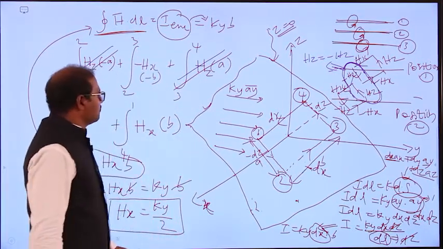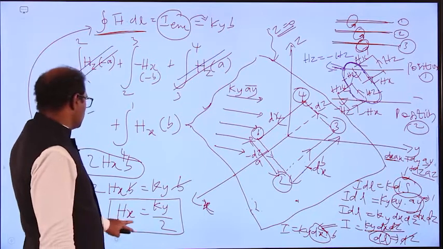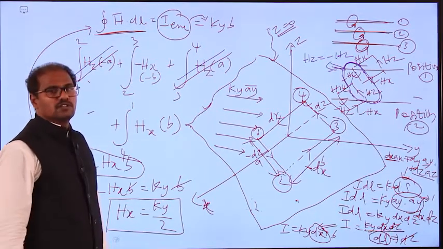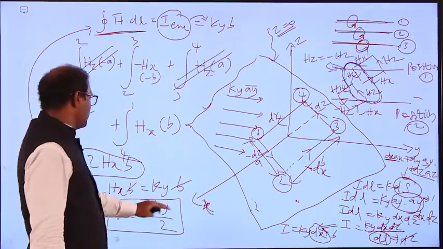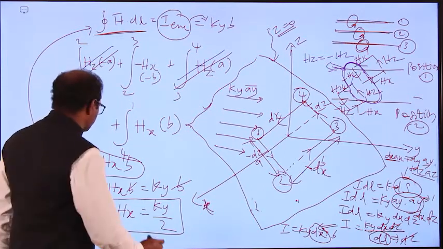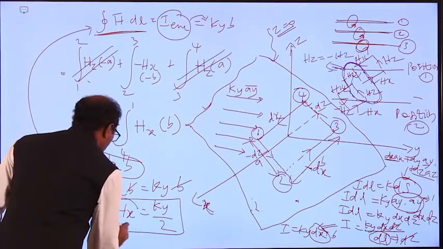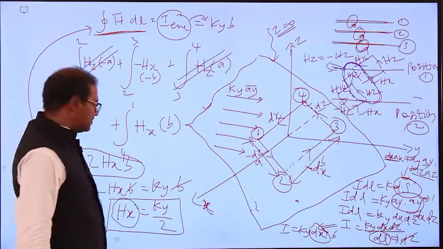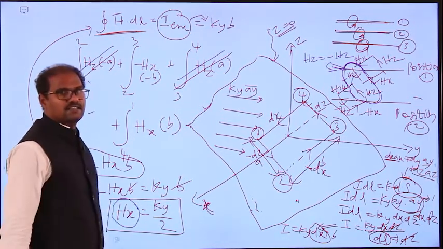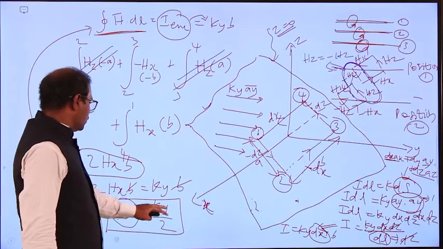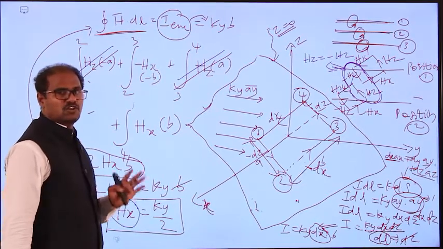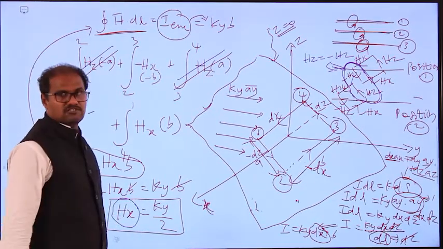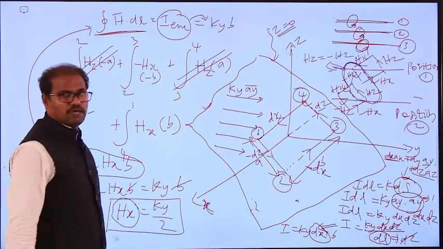So we can take Hx equal to Ky by 2. Since the current is in the y direction, the z component will be 0 and the x component Hx will be there, Hx equal to K by 2.